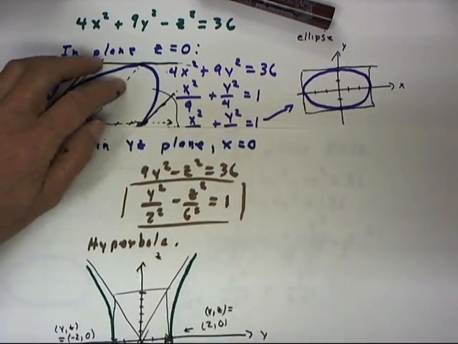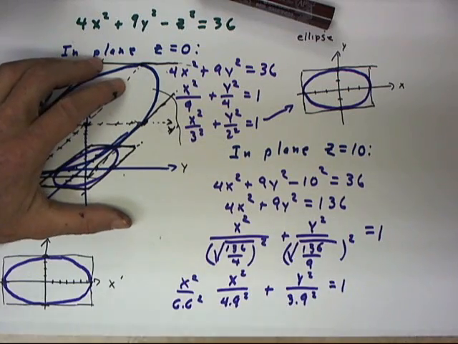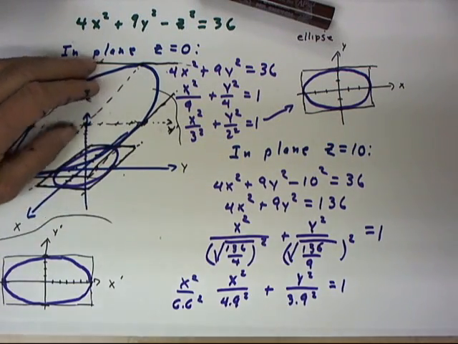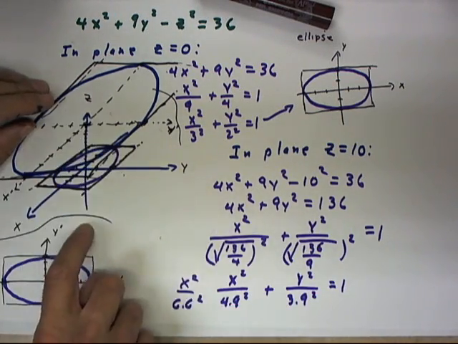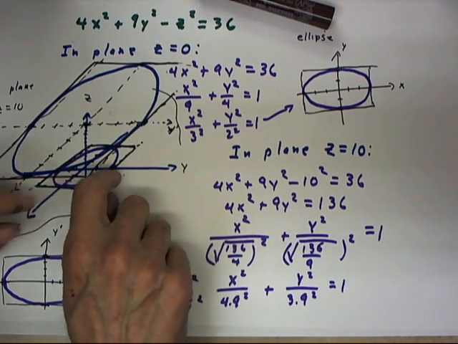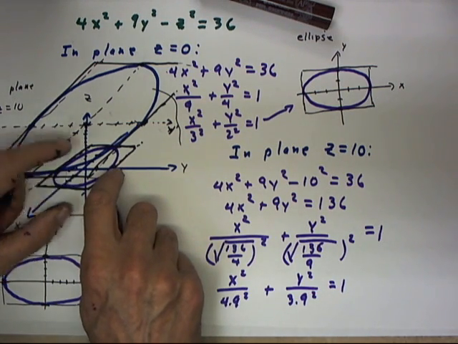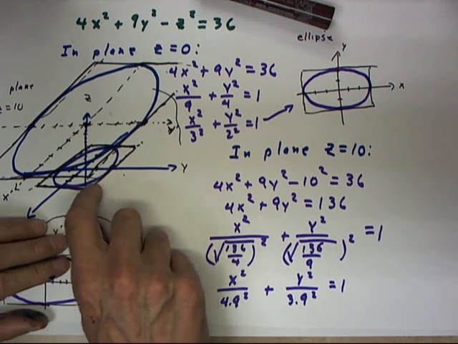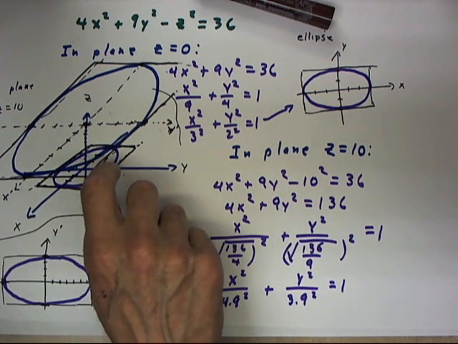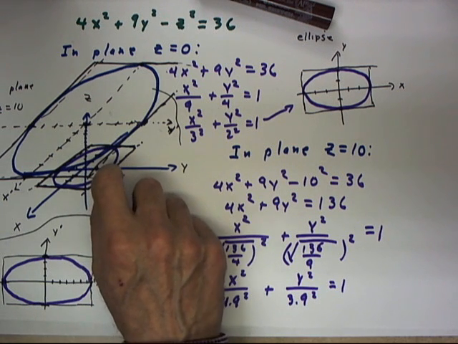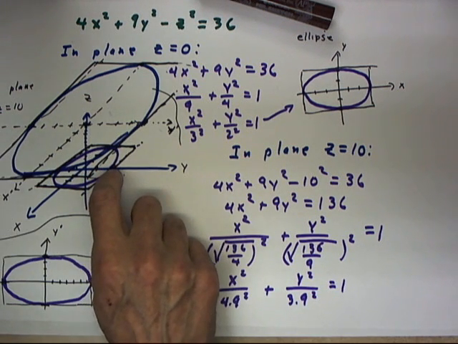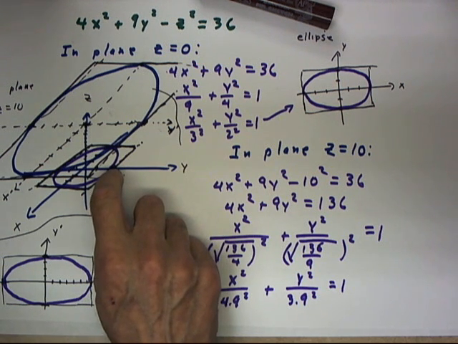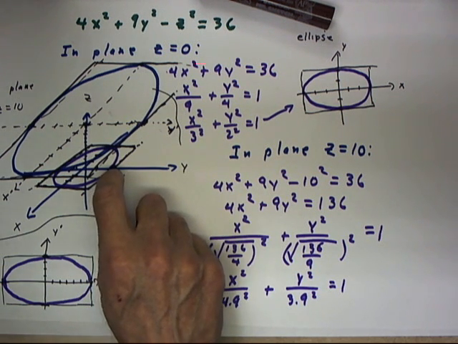If we come back then to our original picture, well, here's the YZ plane. What do we have? We have the point 2, 0 in the YZ plane.